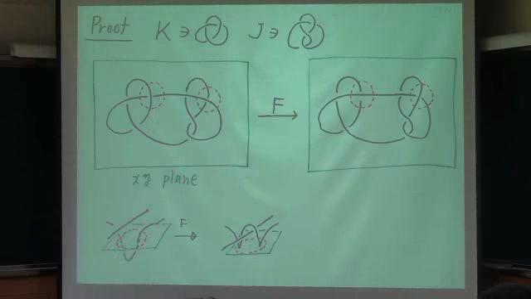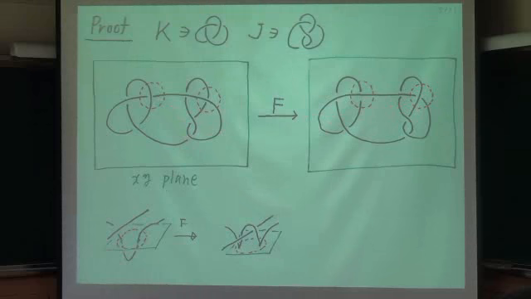Then if we take F, this under part jumps, and as a result we have a crossing change. So you see this underarc goes to above like this, and this underarc goes up to above the XY plane.